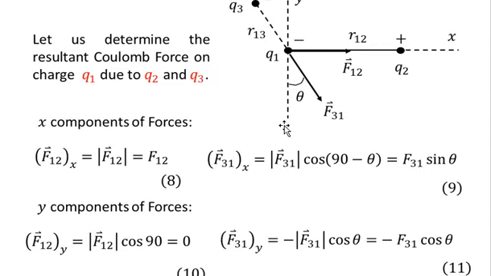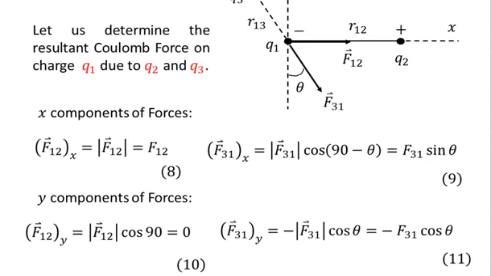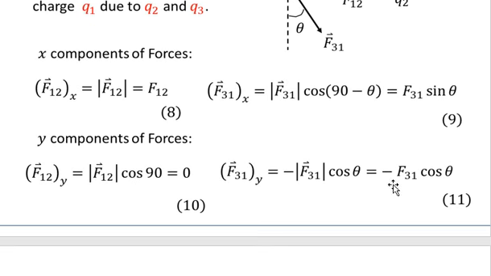The magnitude of F31 multiplied by cos of theta gives the component along the minus y direction, and the negative sign gives the component along the positive y direction. So in equation 11, the y component of F31 is equal to minus F31 multiplied by cos of theta.